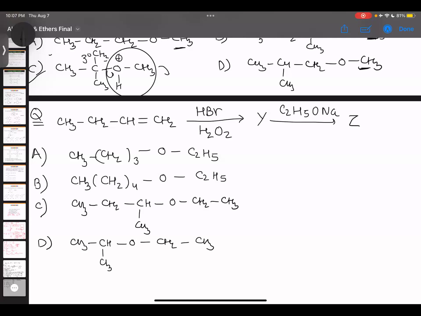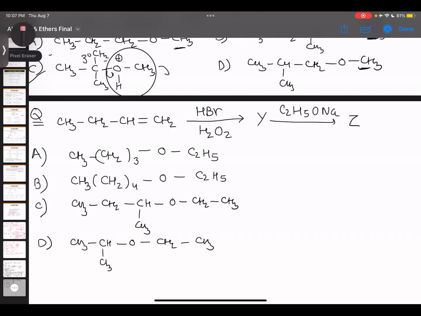The first reaction is anti-Markovnikov addition of HBr in the presence of peroxide. That you can easily do. So Br is going to come on the outer carbon because it is anti-Markovnikov addition.